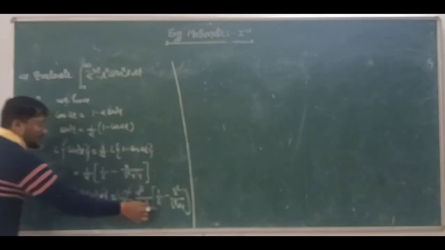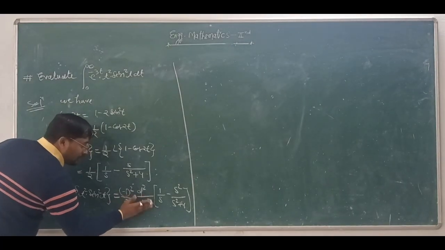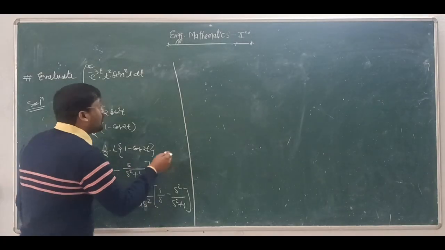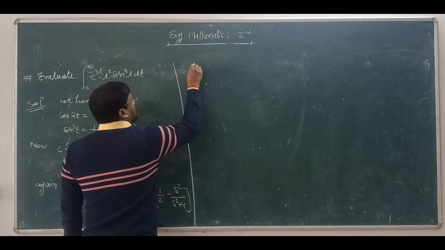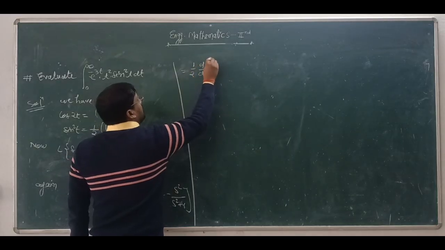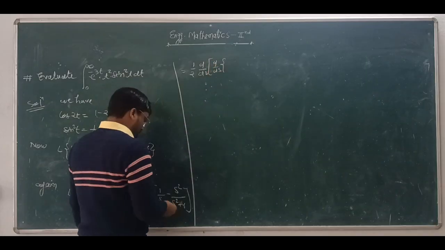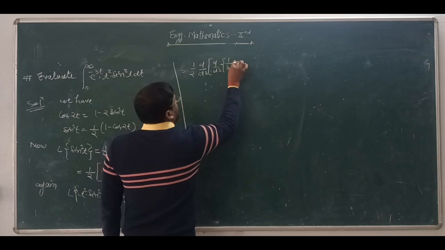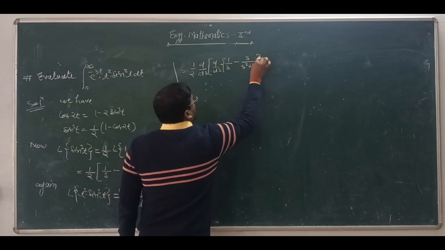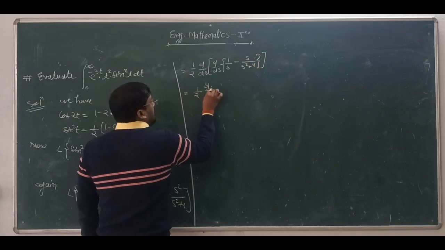Now you solve this differential: 1 by 2 d upon ds, first the differential of 1 by s minus s upon s square plus 4.